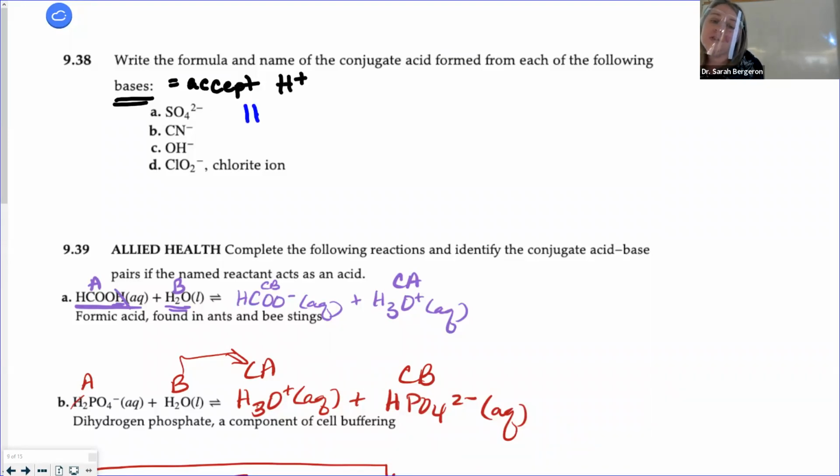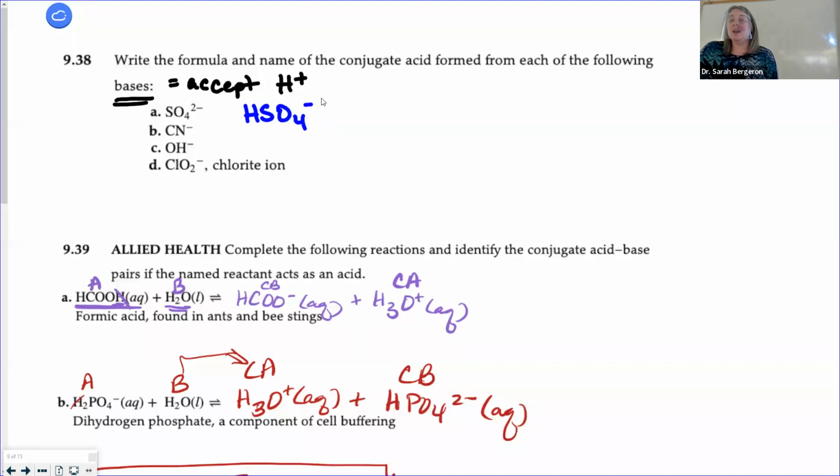So how does SO4 2- accept a hydrogen ion? Just put a hydrogen on the front of it, and you end up with HSO4, and now all you have to do is worry about the charge. If we're -2 and we pick up a hydrogen, what is my charge? Minus. So now I'm going to go name it.